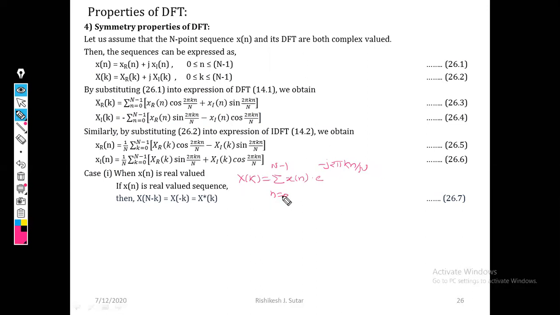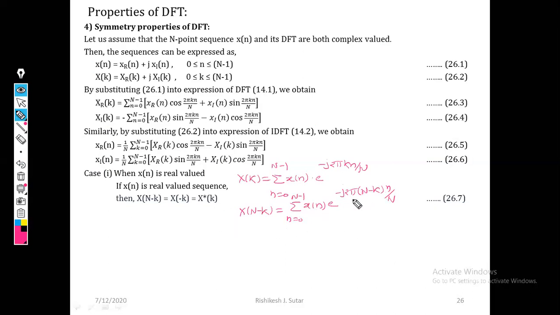Okay, now we can again go for the next. You can put k equal to n minus k and elaborate it. So minus j 2 pi times n minus k, n upon capital N, and n runs from 0 to n minus 1.